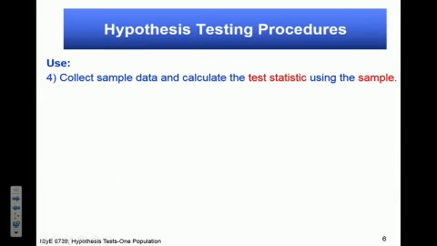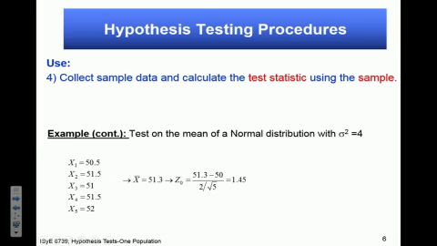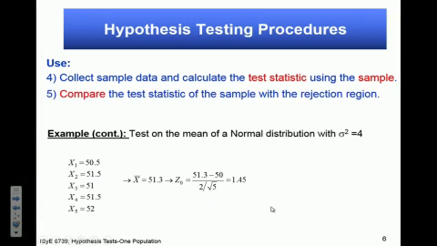Collect the sample. That's the fourth step. So I collect a sample, let's say, from the population. I calculate X bar. I calculate my Z value, and then I compare it with the rejection region. If it falls in the rejection region, then I reject H null.